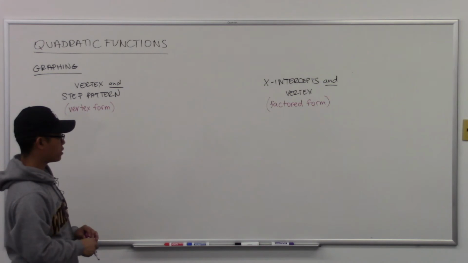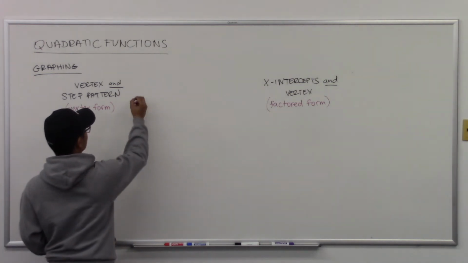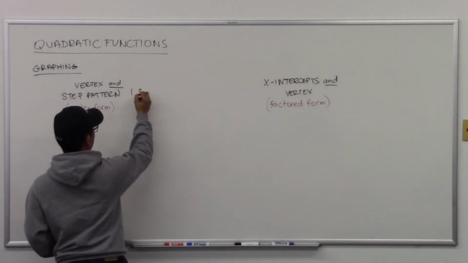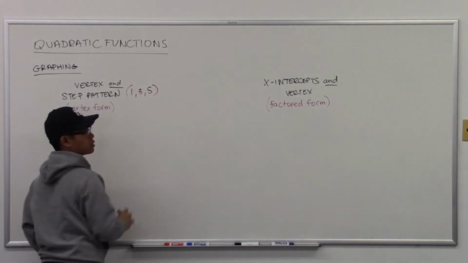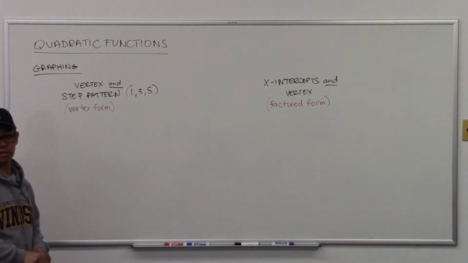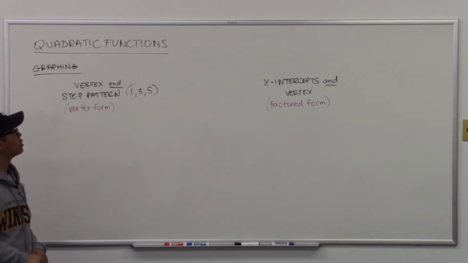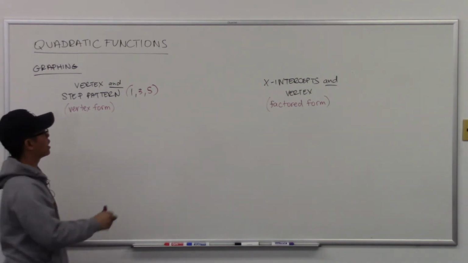The step pattern is 1, 3, 5. Okay, we're going to use a 1, 3, 5 step pattern instead of 1, 1, 2, 4 step pattern. That's your step pattern.